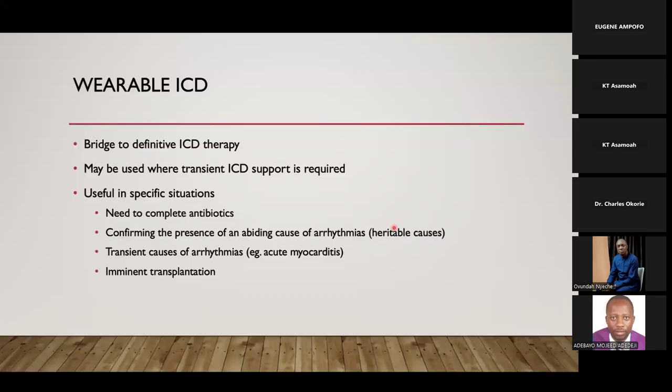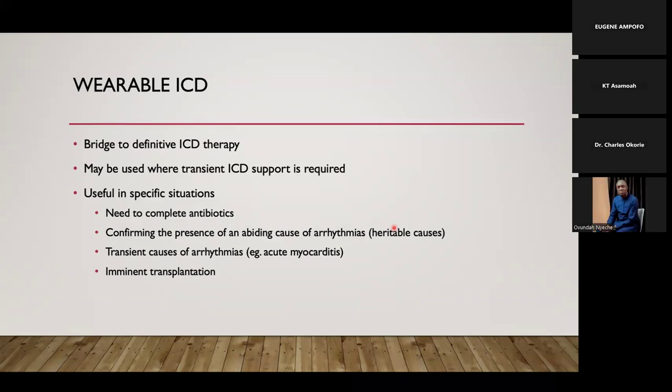And then once you make that diagnosis and you are certain that the ICD is needed, then you go ahead and put in the ICD. There are some situations where people may transiently have arrhythmias. For example, those with acute myocarditis, or even those who have acute myocardial infarction.